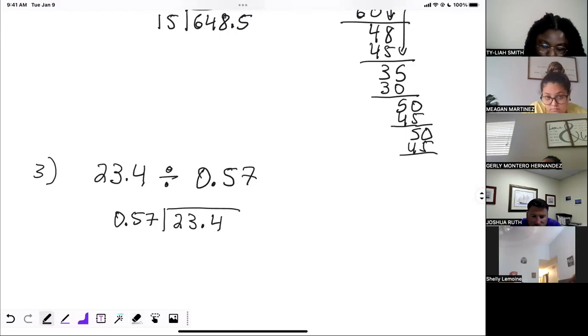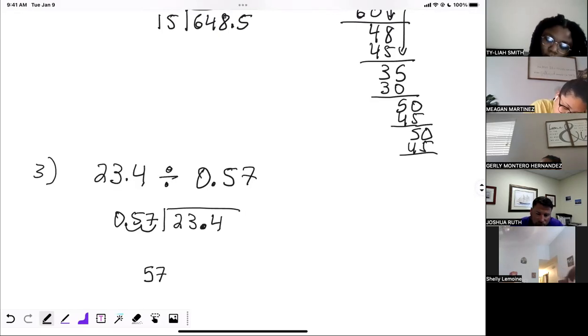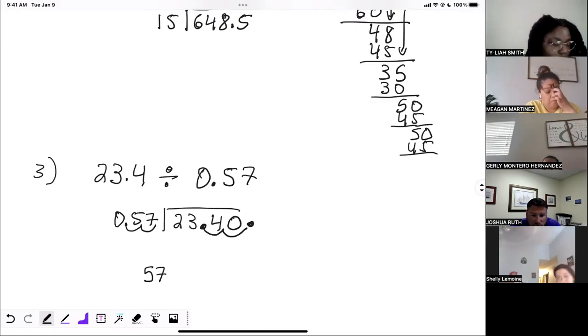How do I fix it? I move it until it's not a decimal. So I move it 1, 2 decimal places, which makes 57. I don't need the 0 anymore. And that means I have to move 2 decimal places on the inside, 1, 2, which means my decimal place is now here and I have an extra 0, which means I'm now dividing 2,340.